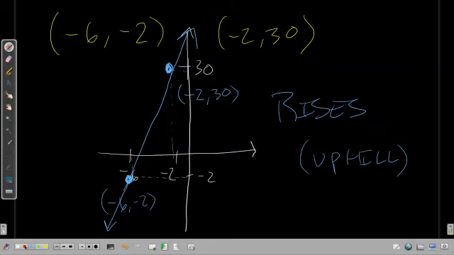How can I calculate what the slope would be? Easy. I can see very plainly what my run would be. My run just has to go from -6 to -2. That's 4 units.